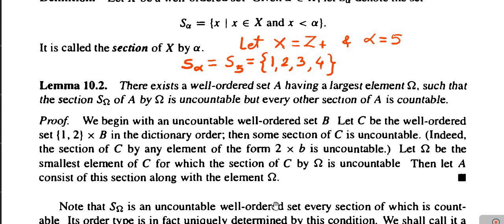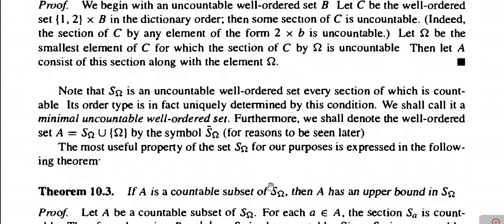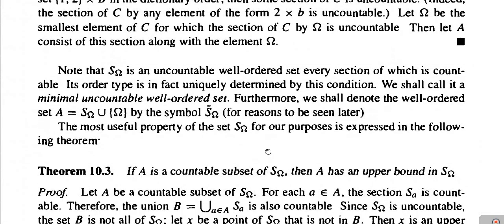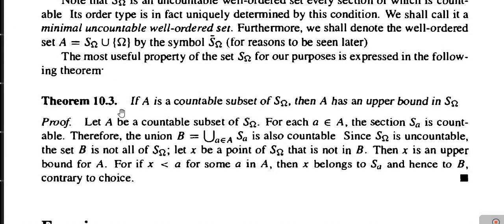Now after lemma 10.2, we have the next one, lemma 10.3. Lemma 10.3 says: if A is a countable subset of S omega, then A has an upper bound in S omega. We will prove this theorem. Proof: let capital A be a countable subset of S omega.